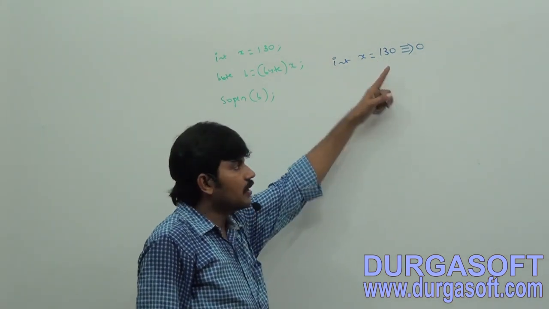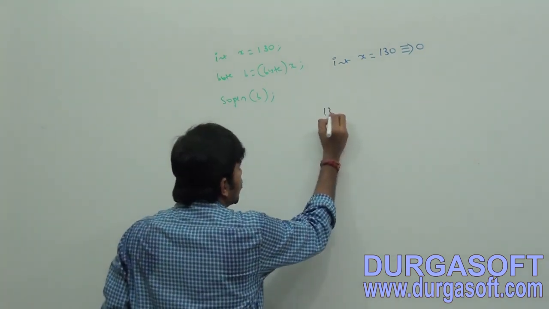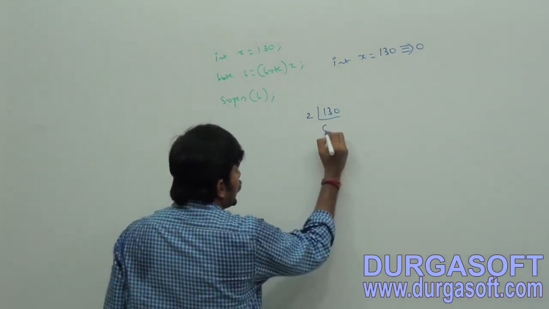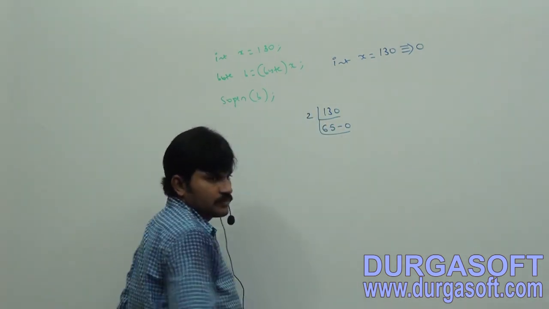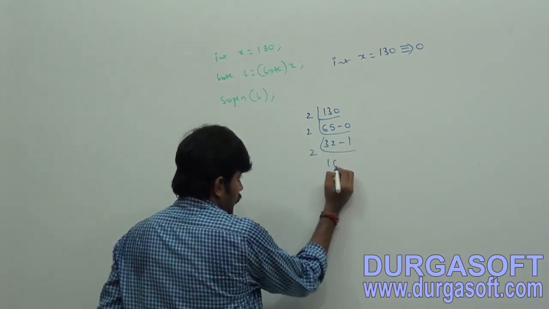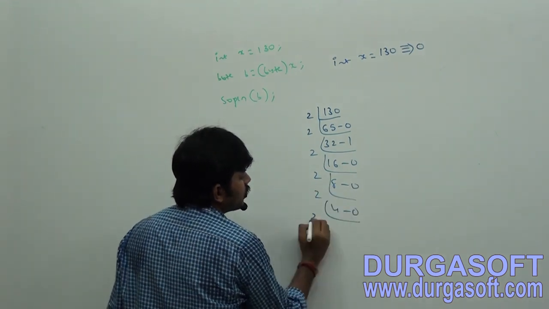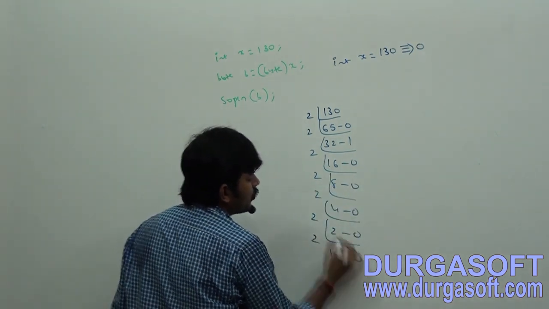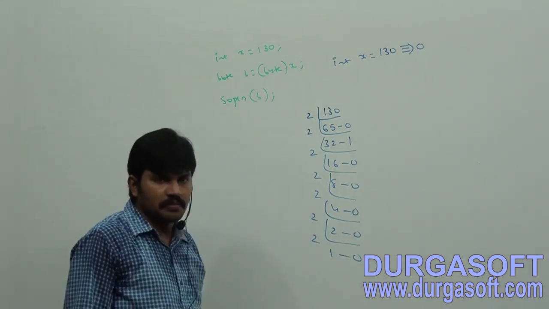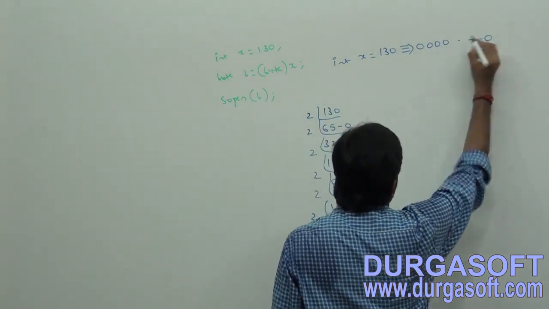If it is positive, the remaining bits represent the value directly. That's why 130. Now the bit positions are 2 power 7, 2 power 6, and so on down to 2 power 0. Are you getting it? Now int x is equal to 130 means all the higher bits are 0.